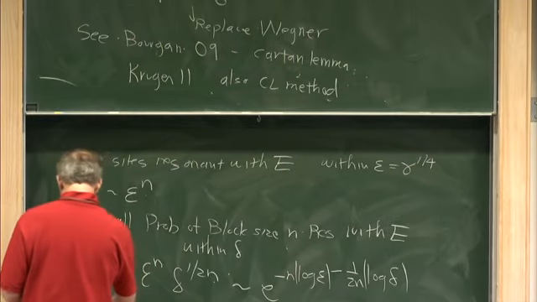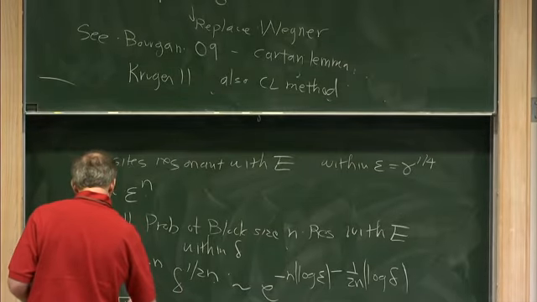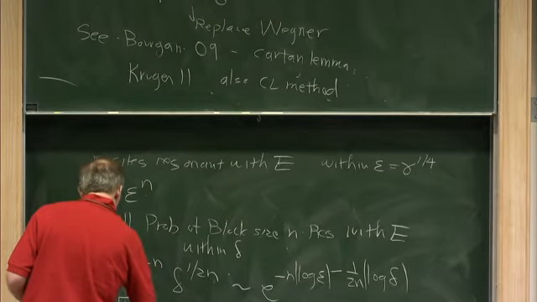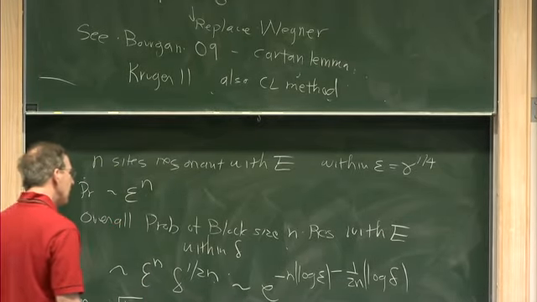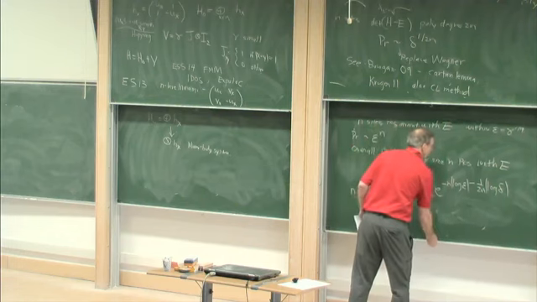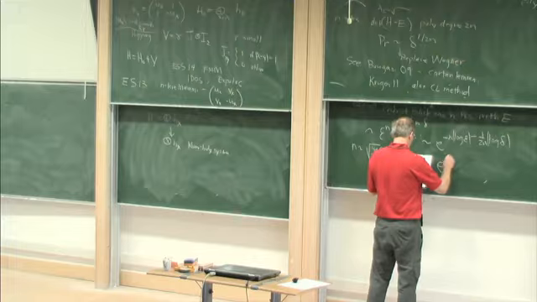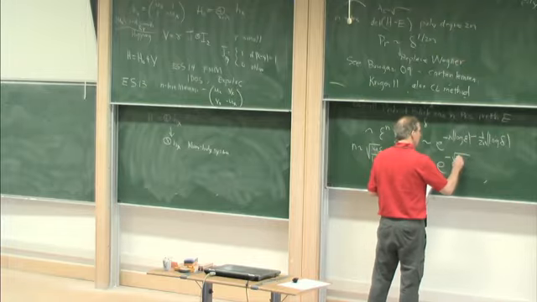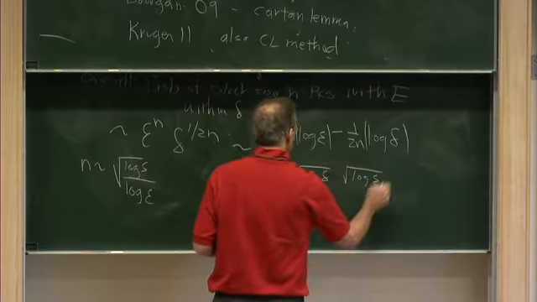And the worst case turns out to be n is basically the square root of log delta over log epsilon. And so this is going like e to the minus square root of log delta times square root of log epsilon.